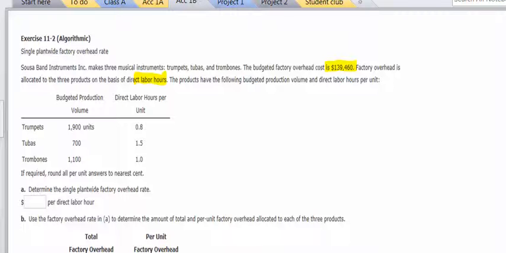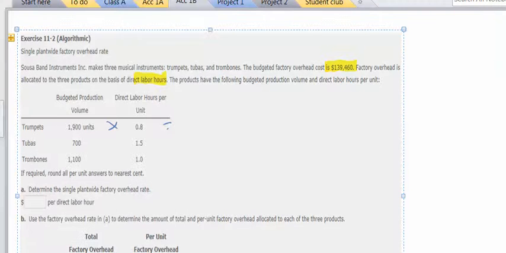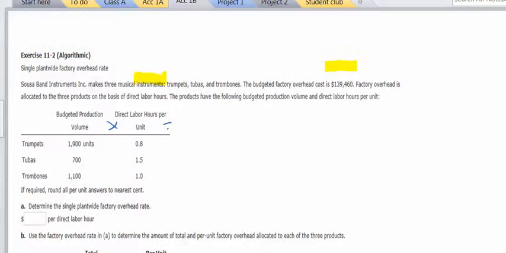So we're going to have to figure out what the total direct labor hours are. I can multiply the trumpets, 1,900 units, times 8/10, so I'll take the 1,900 times 0.8, and that equals 1,520. Next, I can take the tubas.